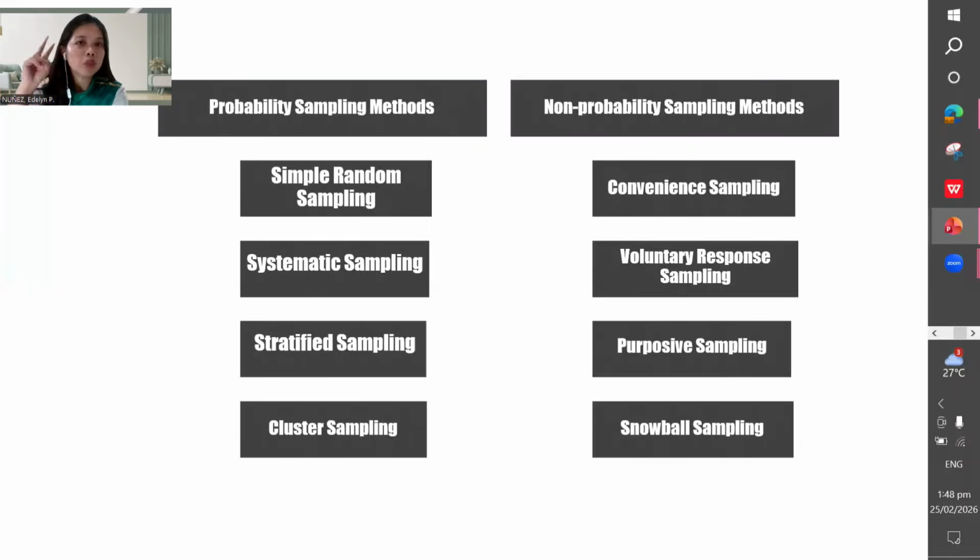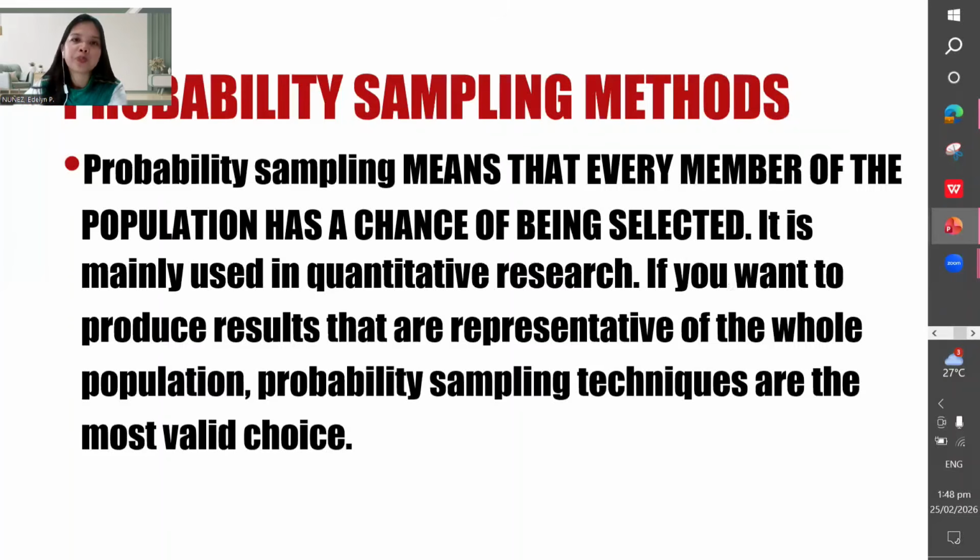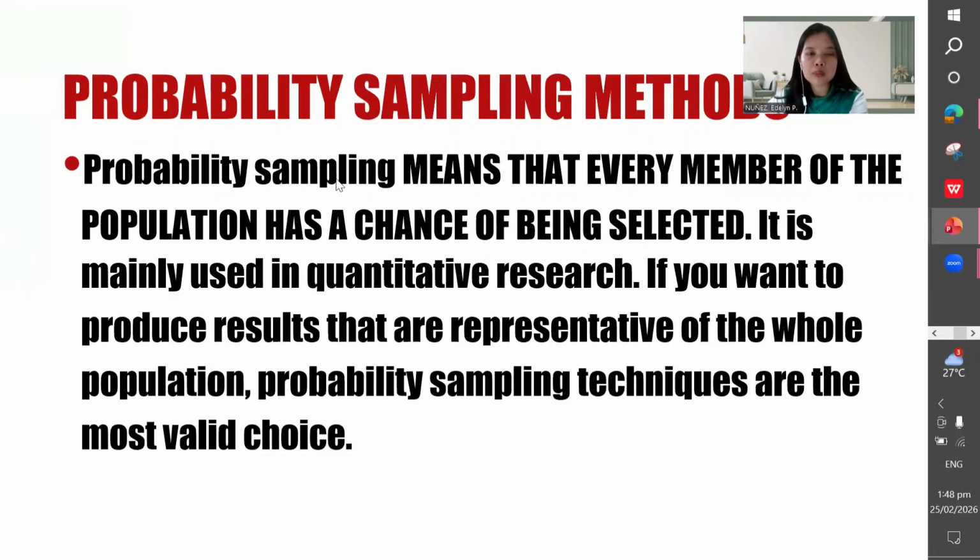So again, we have the probability sampling and then the non-probability sampling. So what is probability sampling? Probability sampling, as I have mentioned, means you are giving every member of the population a chance to be selected as a sample. And how do you give everyone a chance? You need to have the sampling frame.